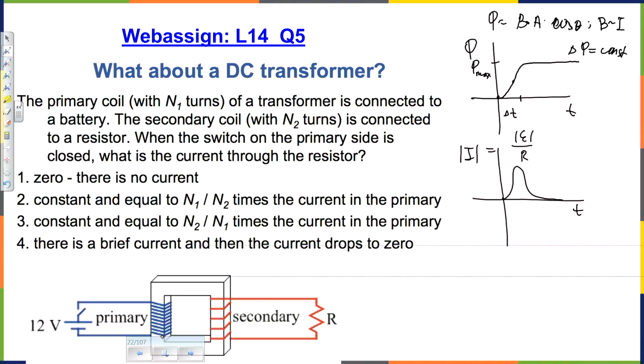The change becomes 0. No induced EMF, no induced current. Exactly what we saw. Just again, practicing and applying. Faraday's law. No change, no EMF, no current. Any questions, please?